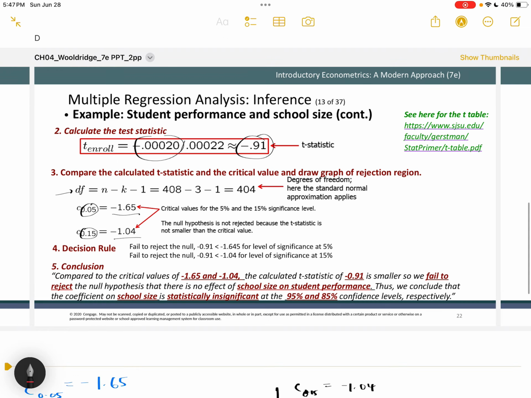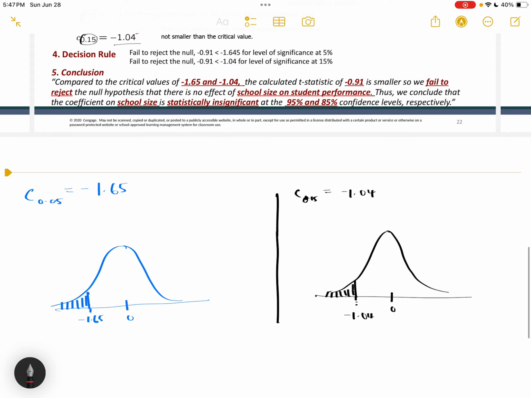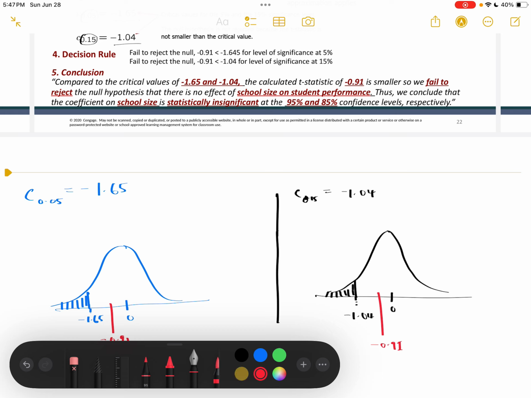All right. So in red now, the calculated t statistic is negative 0.91. Let's locate negative 0.91. Oh, it's here. This is negative 0.91. And here. Oh, look at that.